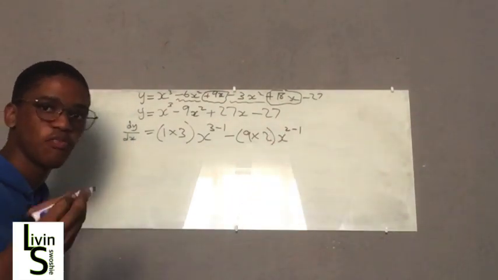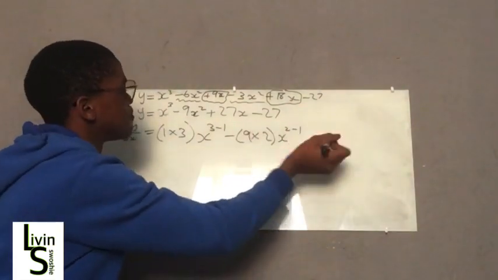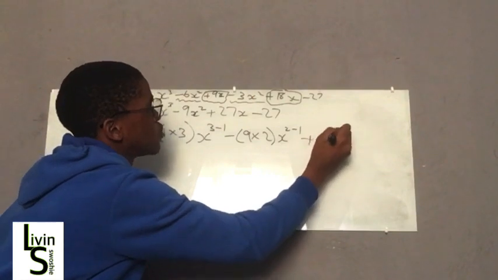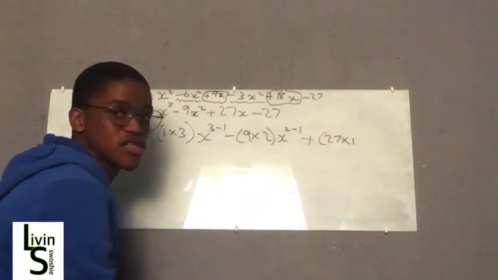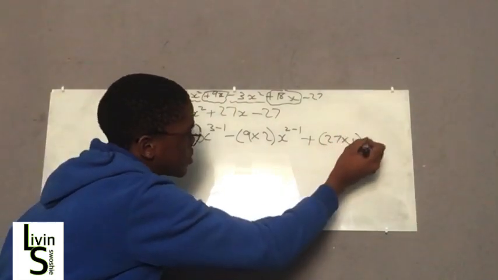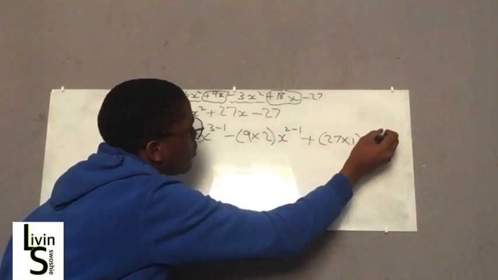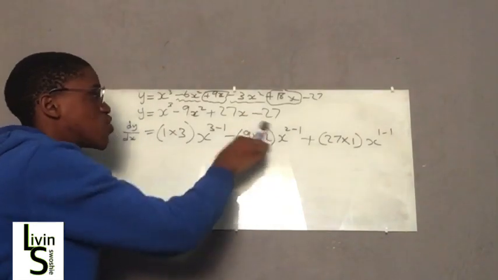I hope that you're still catching on. So plus 27 times 1, because there is nothing here, we know that there is this 1, so it's going to be 27 times x, 1 minus 1. I mean, it's negative 27 here.